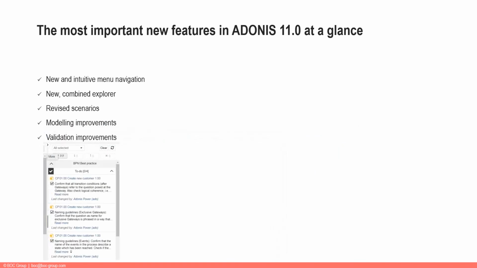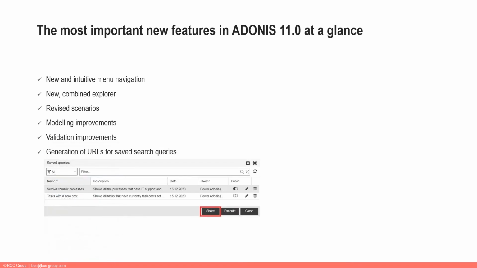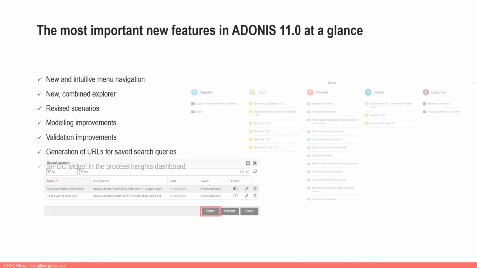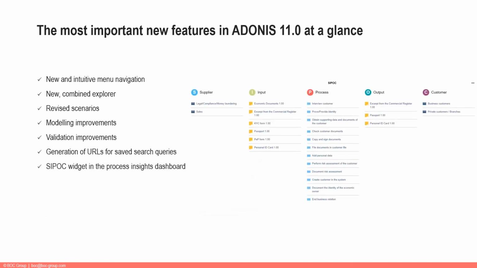Something that we didn't get a chance to see today, but I think is really worth mentioning, is that, as it says on the screen, we have improved the performance of our validation check. We have the ability to, for example, generate URLs for saved search queries. We have the new SciPoc widget.